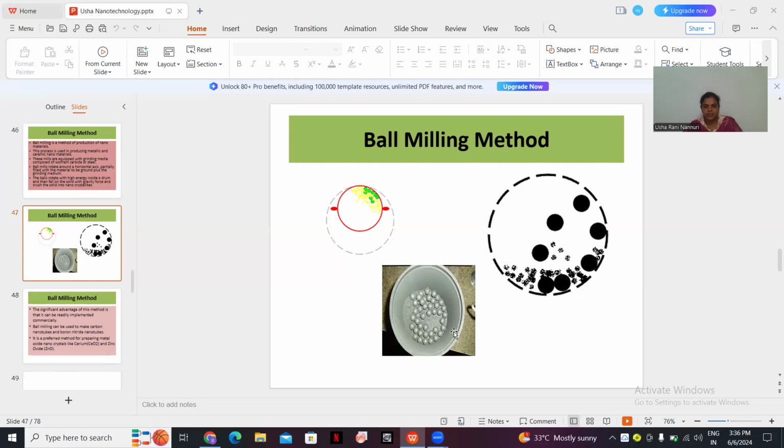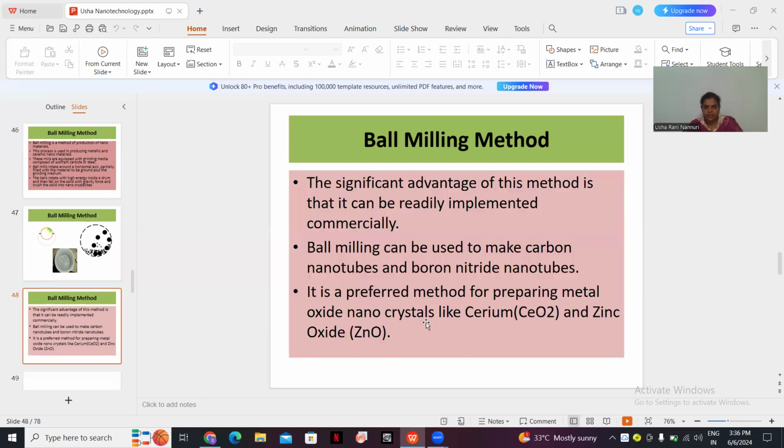Here these are the coarse materials, and a significant advantage of this method is that it can be readily implemented commercially. Ball milling can be used to make carbon nanotubes and boron nitride nanotubes. It is also a preferred method for preparing metal oxide nanocrystallites like cerium oxide, CeO2, and zinc oxide, ZnO.